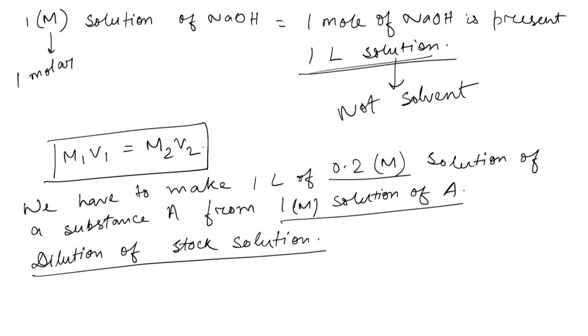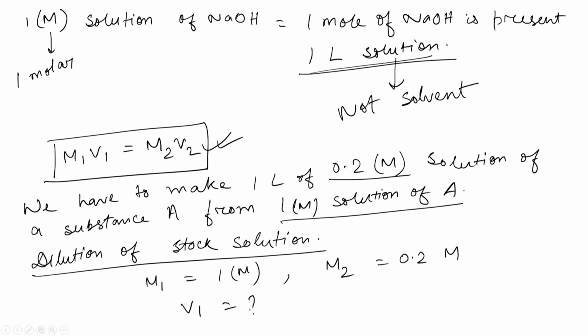This is the formula for dilution of stock solution. Let's say M1 is equal to 1 molar, M2 is equal to 0.2 molar.